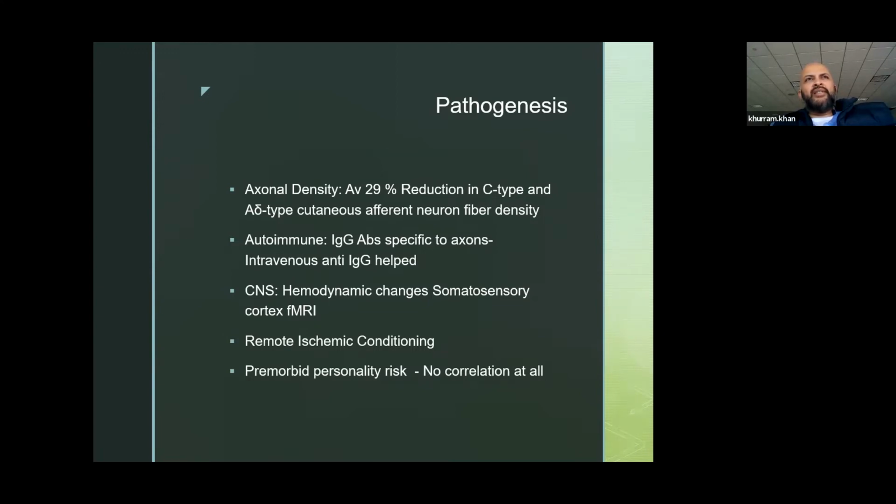So kind of like a whining patient, and that's why they ended up getting this CRPS syndrome, and that's not true. They actually checked all types of personalities, and it was found that there's no personality risk associated with this diagnosis.